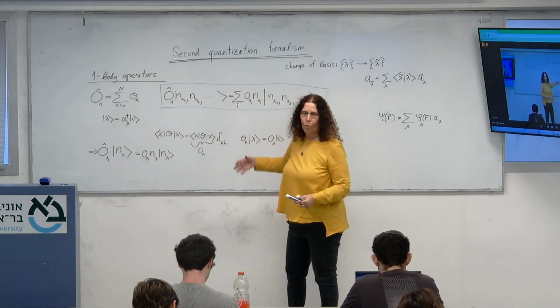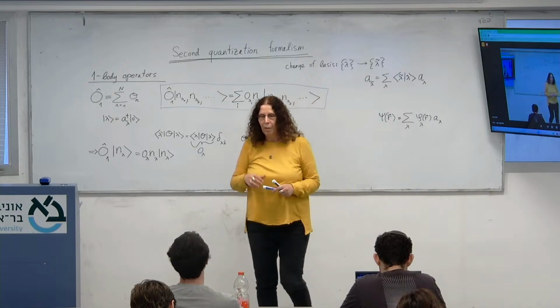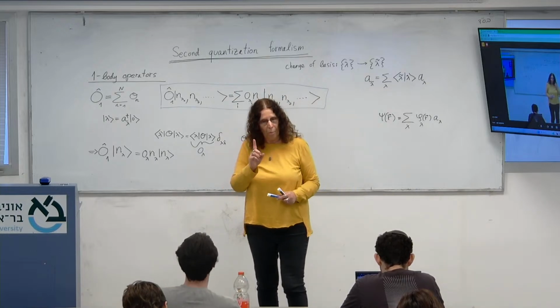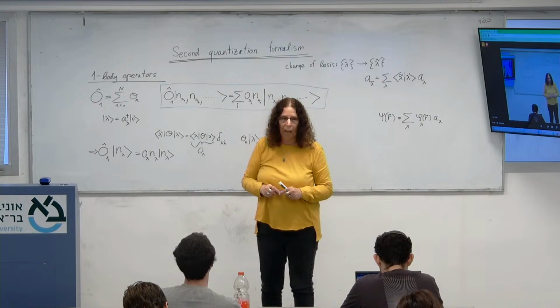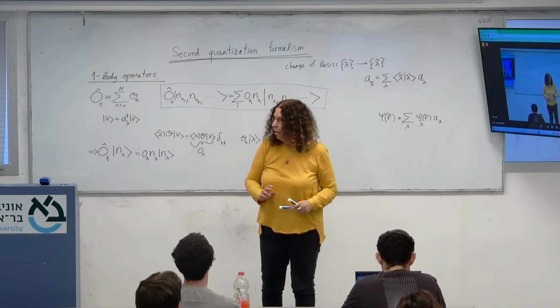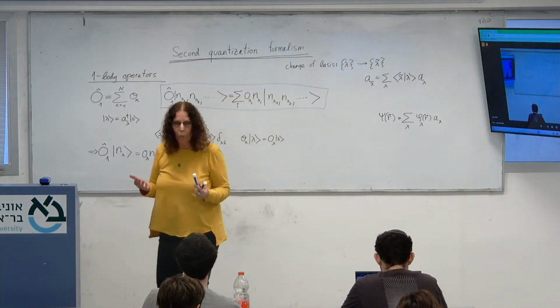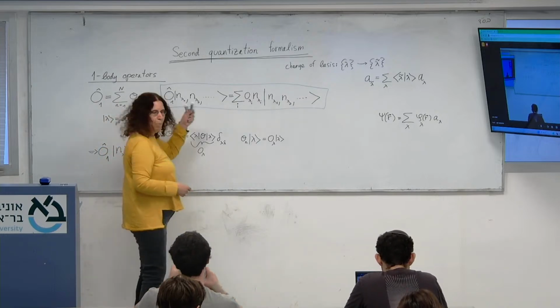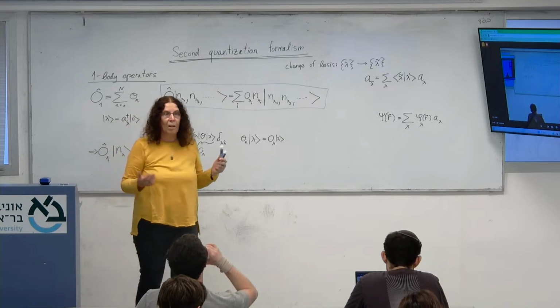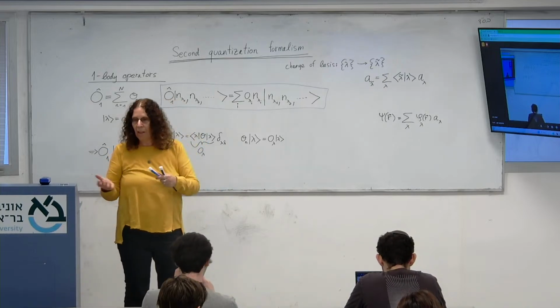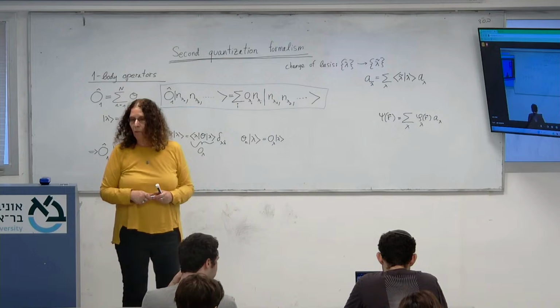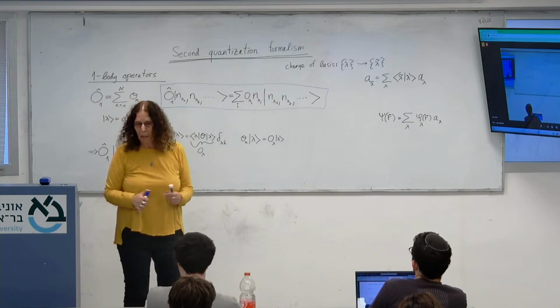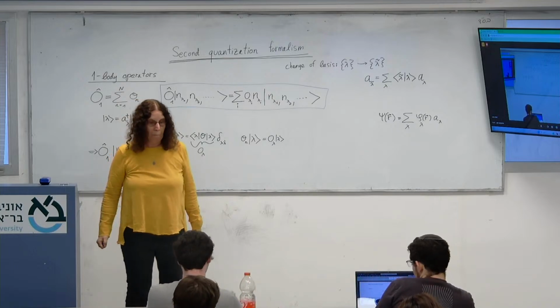Of course, it will no longer necessarily be an eigenstate, generally it will not be. But you know what will happen if you apply it, and you can then calculate its matrix element with some other state, and you can calculate expectation values, right?